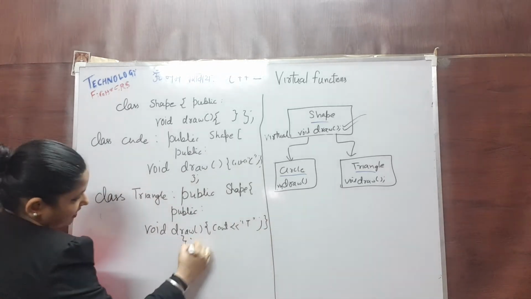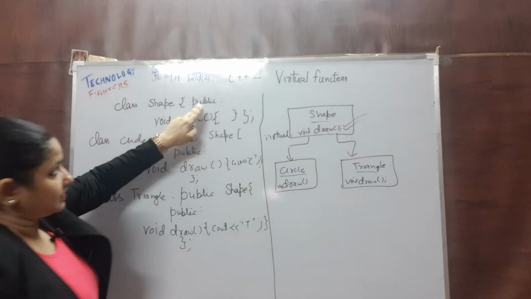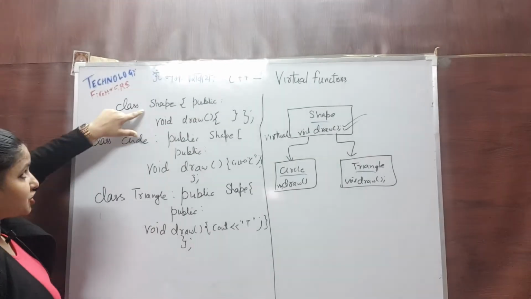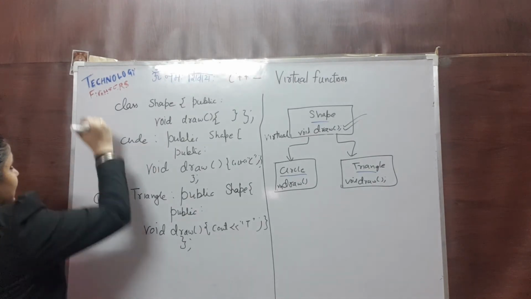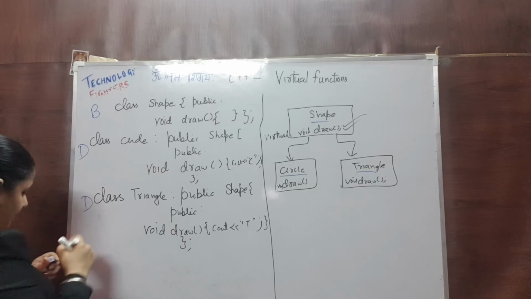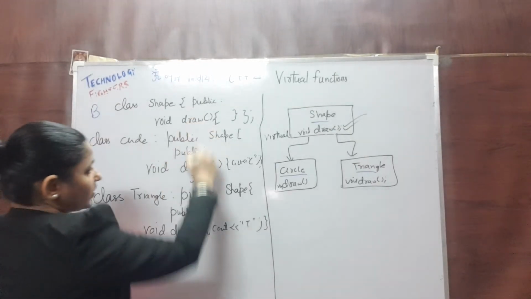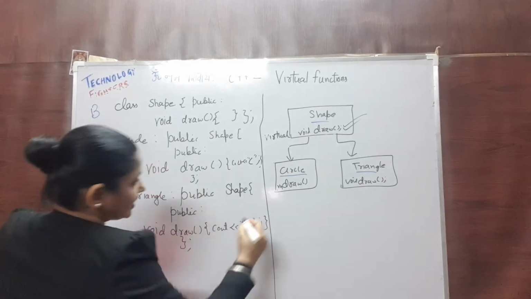Now this class is closed. So now we have defined three classes: Shape, Circle, Triangle. Shape is my base class, and Circle and Triangle are both derived classes. And they all have one function, draw, and their signature is the same.